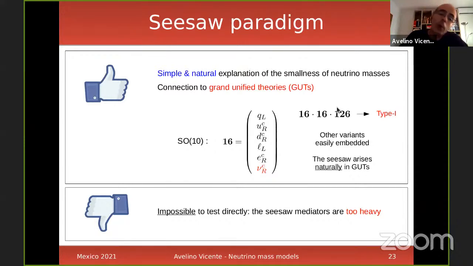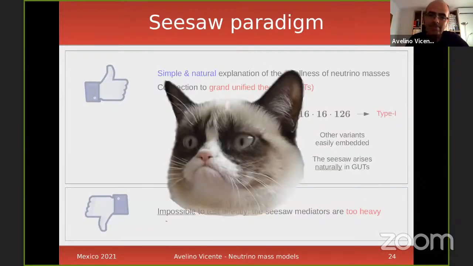However, the bad side of the seesaw is that it is impossible to test directly, because there is no way you can reach the energies that are necessary to produce these particles, for example at the LHC. 10^14, 10^15 GeV is way too much for the LHC and for any other experiment. So the situation is somehow like this.